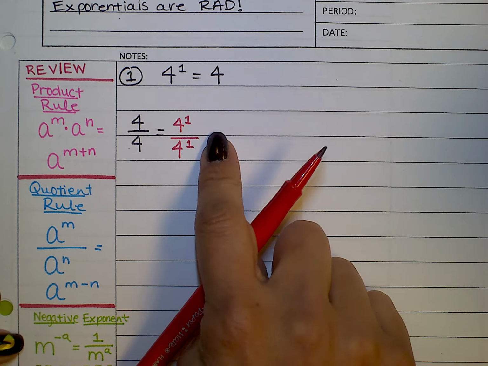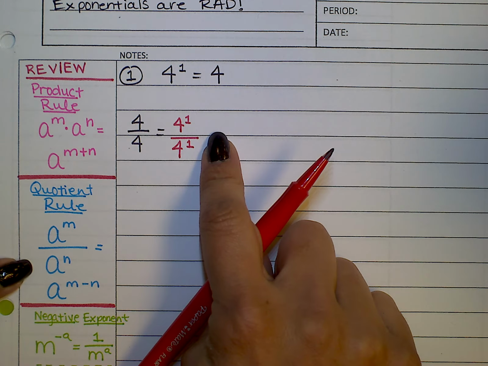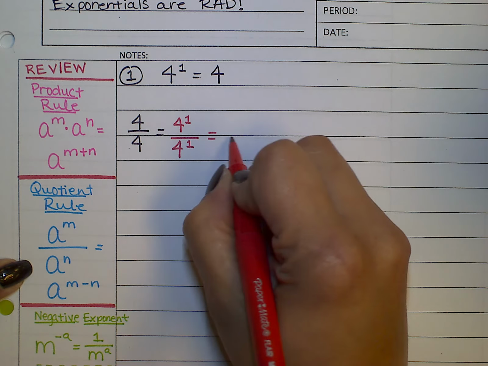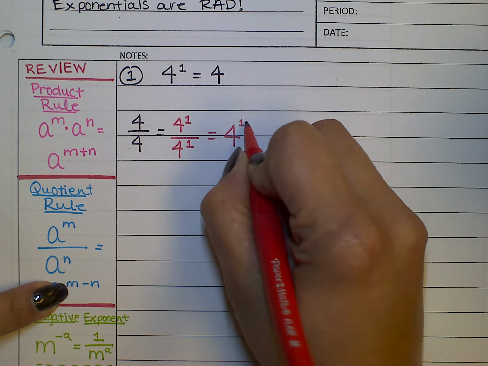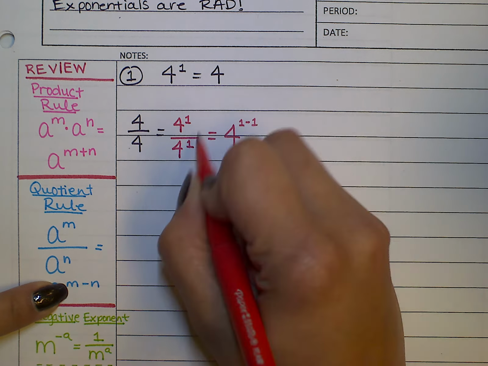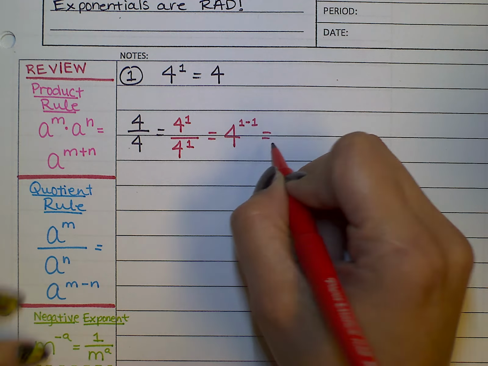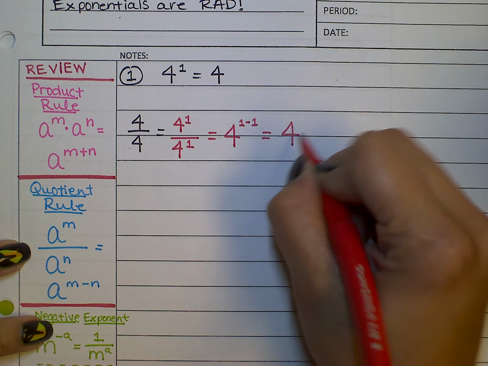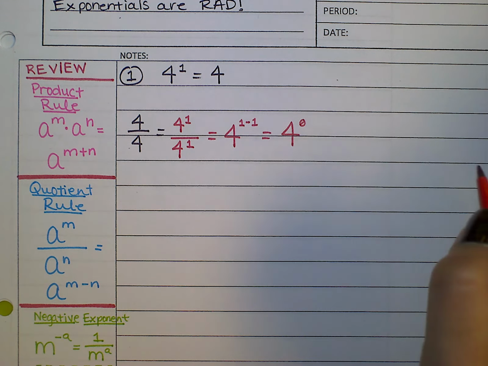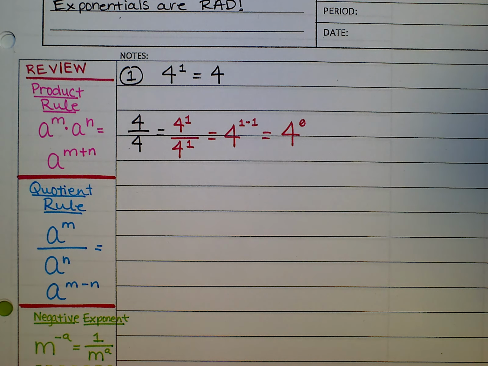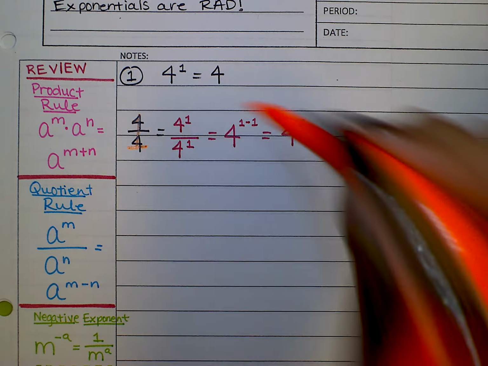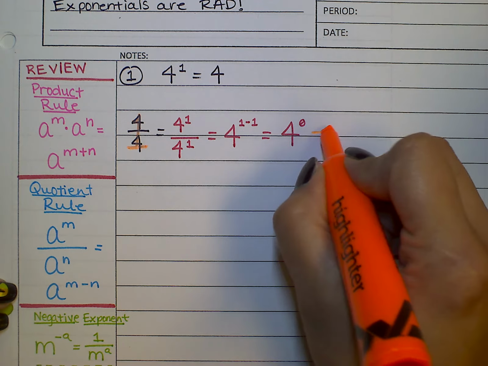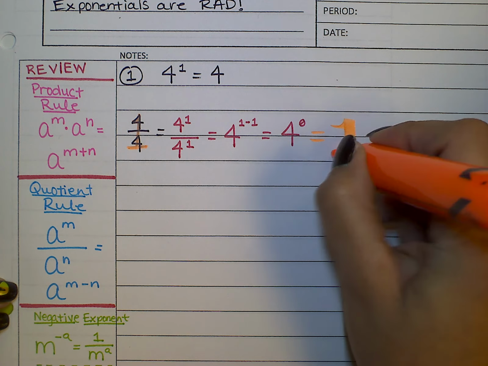Well, in that case, I could use my quotient rule and say I have a base 4, and I have my exponent 1 minus 1, which is equal to 0. But the thing is, we should have known this from the very beginning. Well, 4 over 4 reduces to 1.